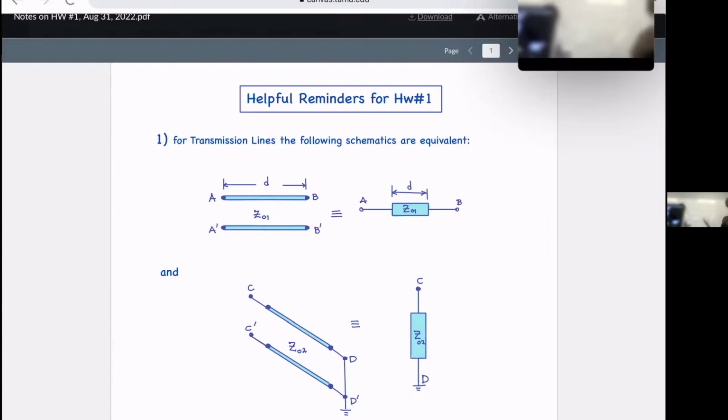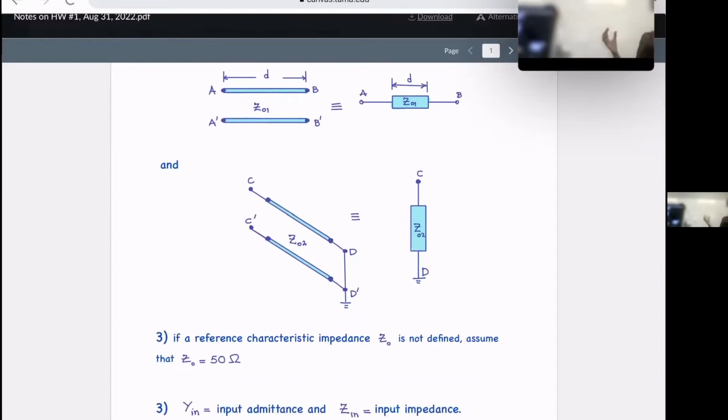That is another way of representing a transmission line in a simpler form. The same thing applies for stubs. Also, another thing that I've said multiple times in 322, and you will hear it here: if you don't know what characteristic impedance to use, if you're going to go to the Smith chart, because we need to normalize, use as a reference impedance 50 ohms.